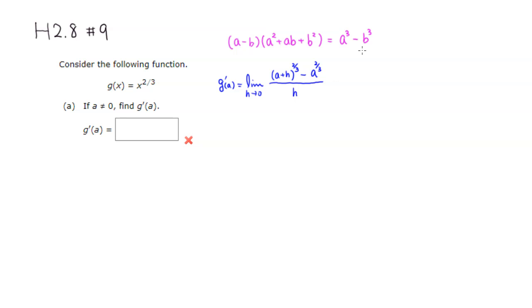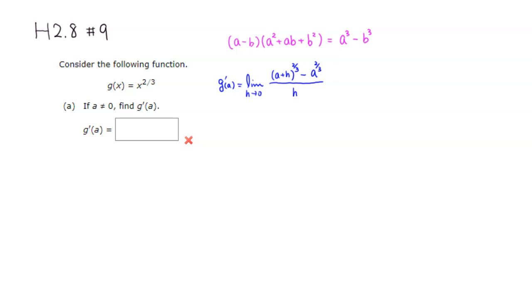In order to simplify this, we have a cube root. To get rid of the cube root, this is the trick we can use. We already have something minus something, so it's a minus b form. If we multiply by a squared plus ab plus b squared, we get to cube each term.